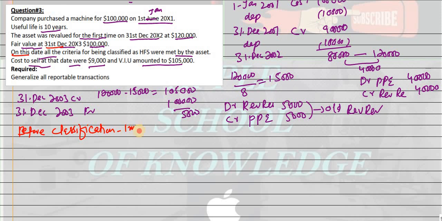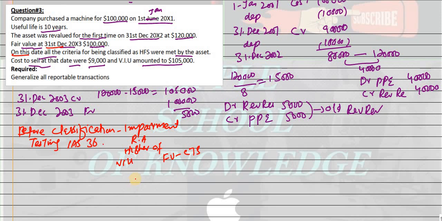Before classification, we will do impairment testing, but that will be under IAS 36. And we remember that under IAS 36 the recoverable amount is the higher of two figures: value in use and fair value less cost to sale.